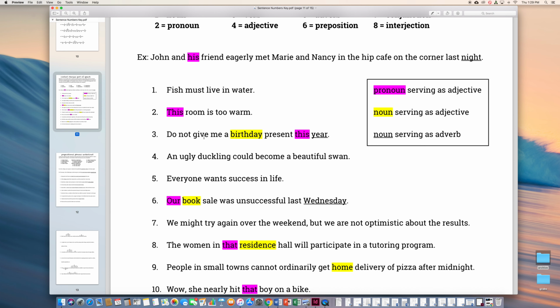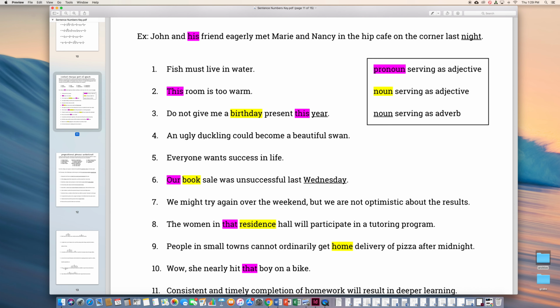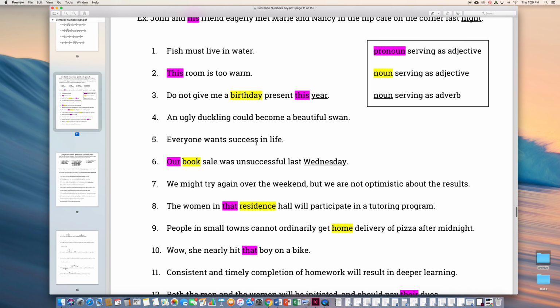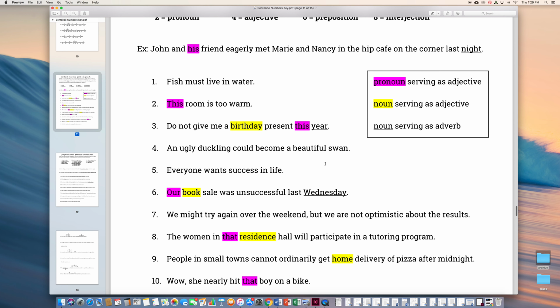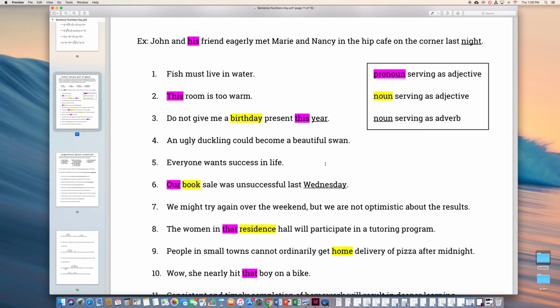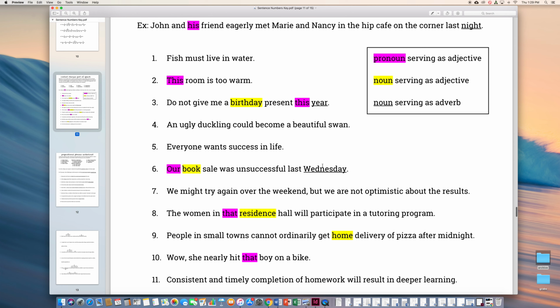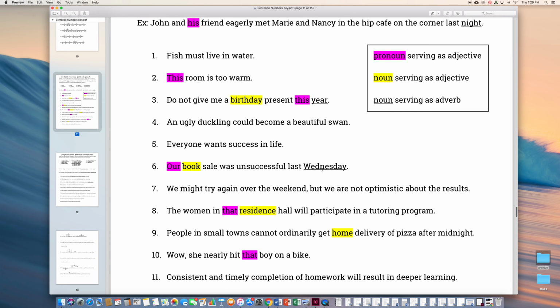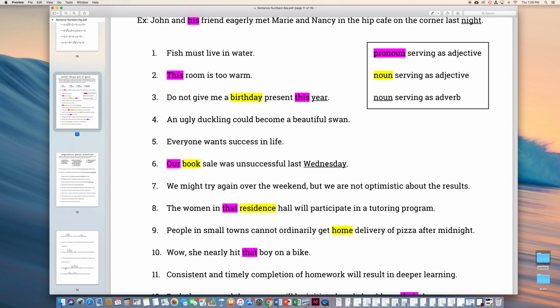Even though, if all of the words on this page were just listed out, year would be a noun, Wednesday would be a noun. But when you place them in the context of a sentence, they become these other parts of speech. So it's not always so straightforward that the word Wednesday, which would always be a proper noun, would be serving the role of a noun in a sentence.